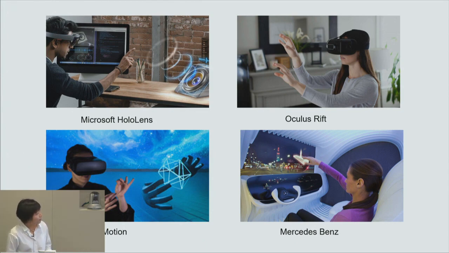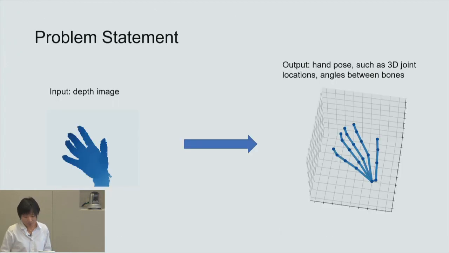Many companies have incorporated or are planning to incorporate hand interaction into their products. 3D hand pose estimation can be formulated as configuring the pose space given the depth image. The pose space can be represented by 3D joint locations or the angles between the bones.